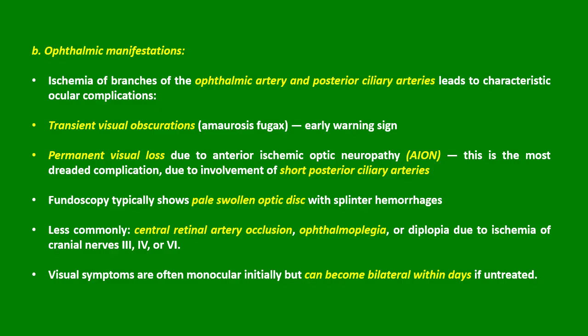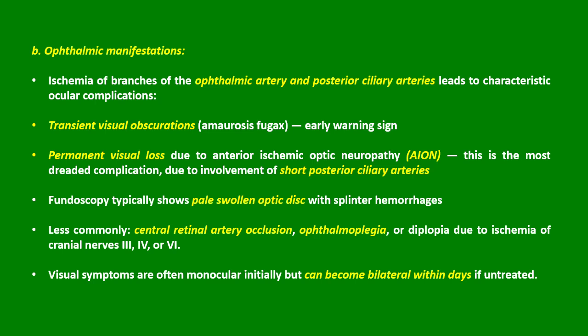Ophthalmic manifestations. Ischemia of branches of the ophthalmic artery and the posterior ciliary arteries leads to the characteristic ocular complications. Transient visual obscurations or amaurosis fugax is an early warning sign. Permanent visual loss due to anterior ischemic optic neuropathy or AION is the most dreaded complication due to involvement of the short posterior ciliary arteries.